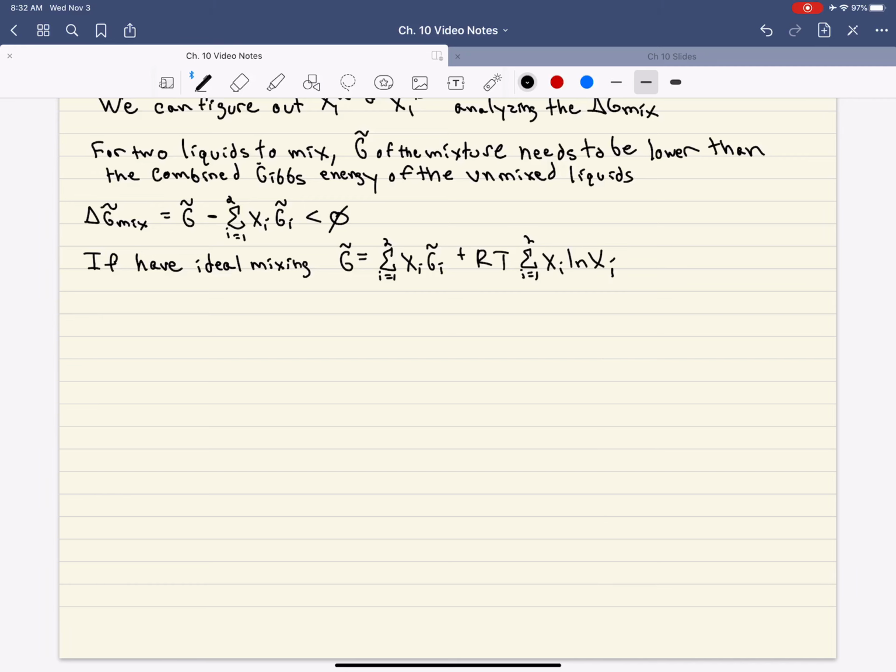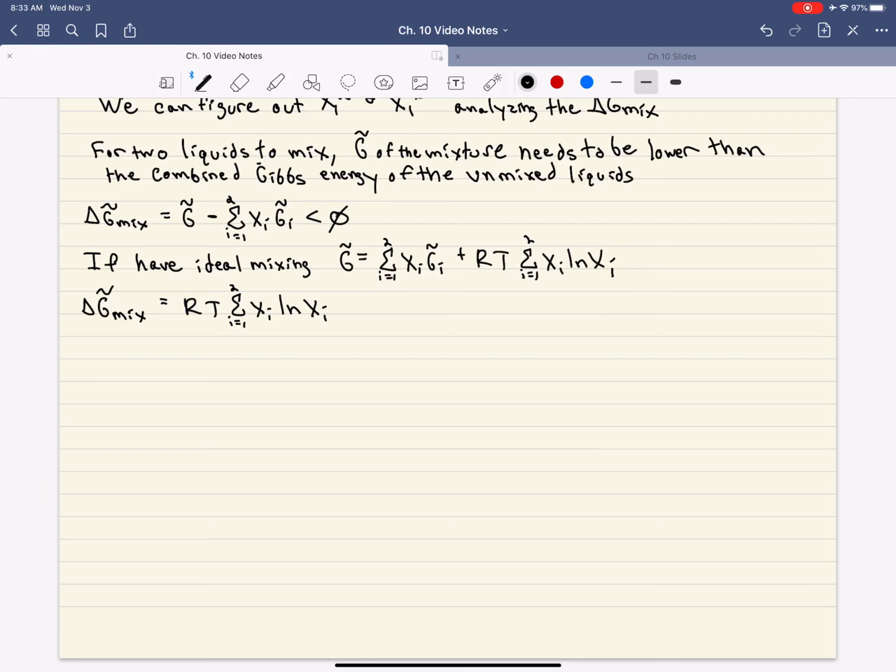Okay? When we look at delta G mix and we plug this in, this term would cancel out with that. And so what we would be left with is just RT times the summation of Xi times ln of Xi.